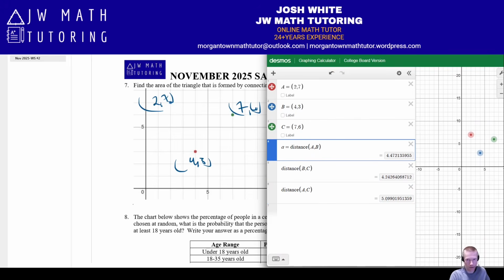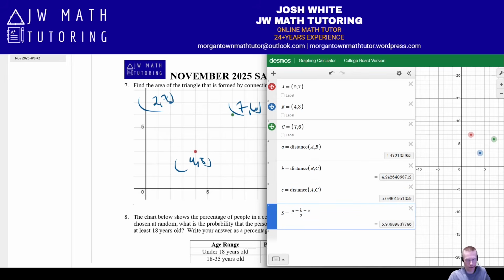There we go. I want to define these as letters. So now I'm going to define S as A plus B plus C divided by 2. Okay, that should be my S value.